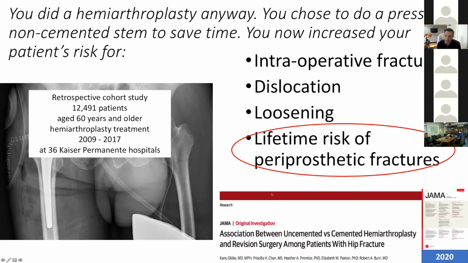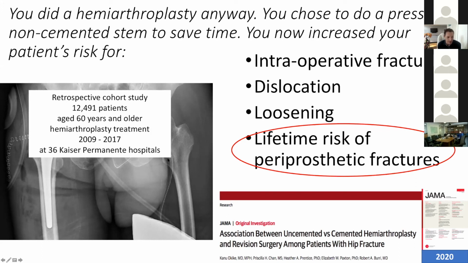And it turns out that he didn't find any difference in intraoperative fractures, although some of them arguably manifested after the surgery, so people did not report them during the surgery, or they didn't find them. He didn't find any difference in dislocation or loosening.